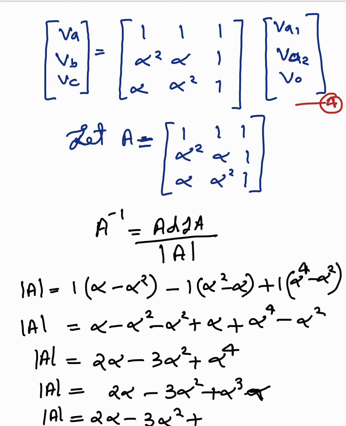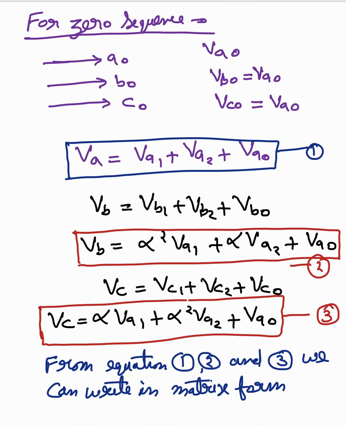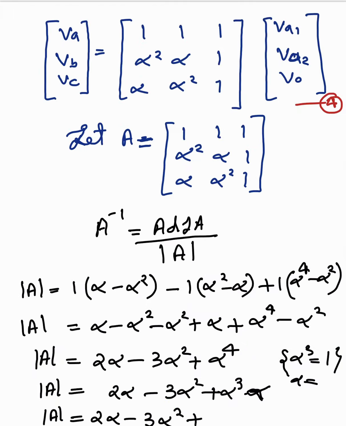So determinant of A is equal to 2 alpha minus 3 alpha square plus alpha cube. What is alpha cube? Alpha cube is basically equal to 1. Why? Because of what we have taken in the previous part. Alpha is the operator, so alpha is basically plus 120 degree, alpha square is 240 degree, and alpha cube is 360 degree, which means 1.